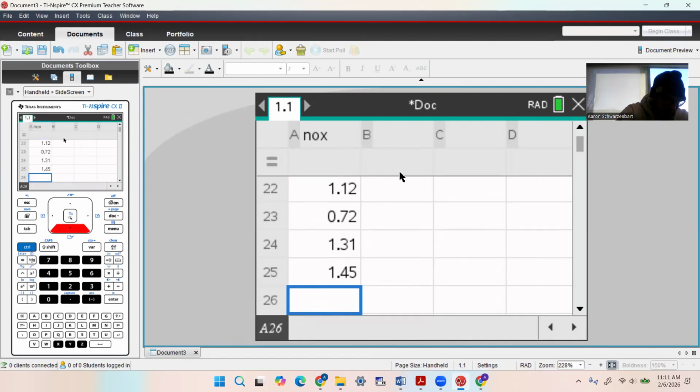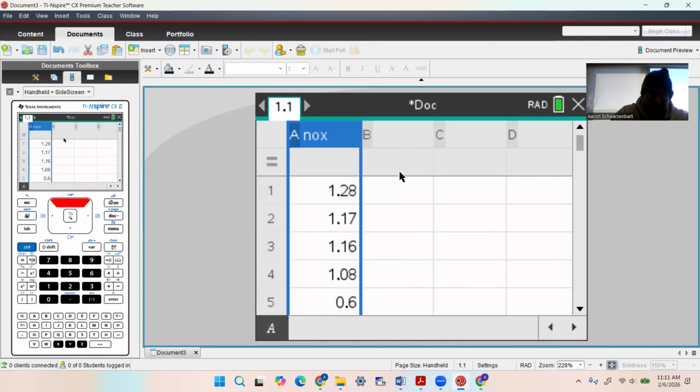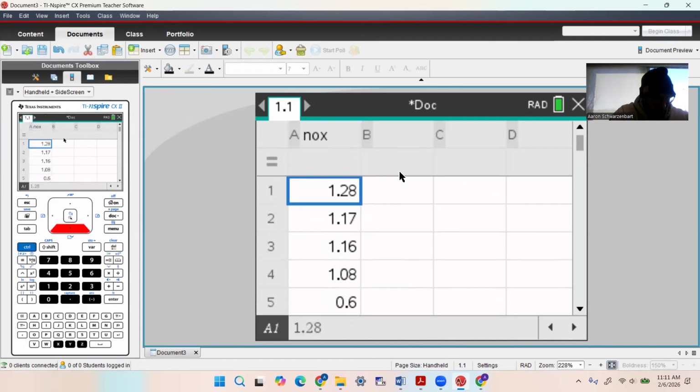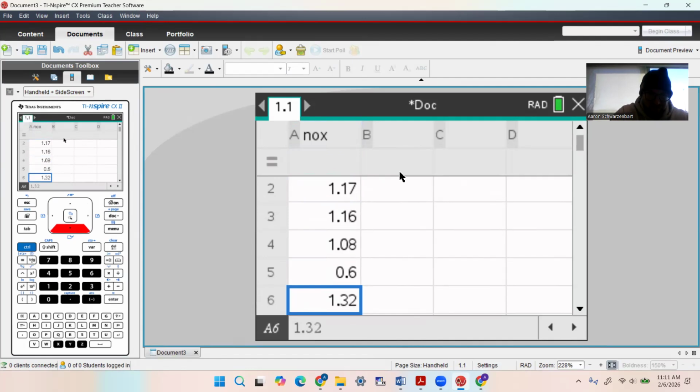One, 2, 4, 6, 8, 10, 12. I am missing one piece of data. I'm going to look at my first row. I'm missing a 1.24. Luckily, with this data the order doesn't matter, so I'm just going to put the one I'm missing right in.